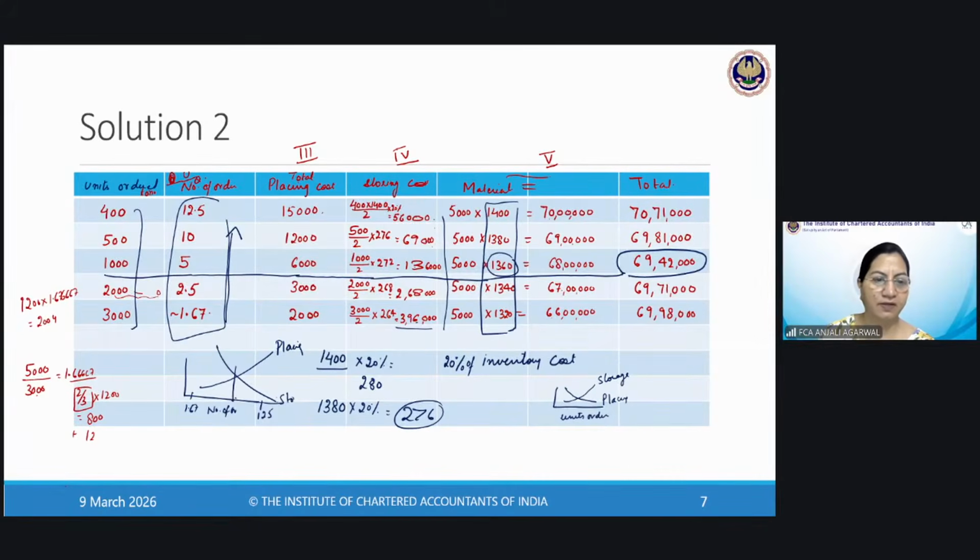And somewhere in the middle, you get the answer, that is, 1,000 units should be ordered and 5 orders should be placed. Is it clear? Right. So this was about EOQ.